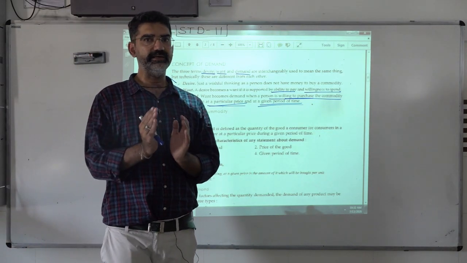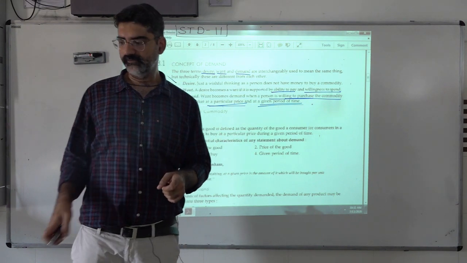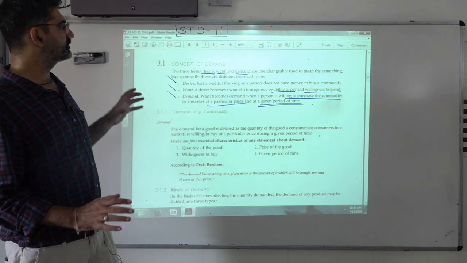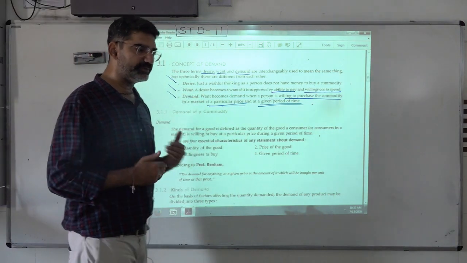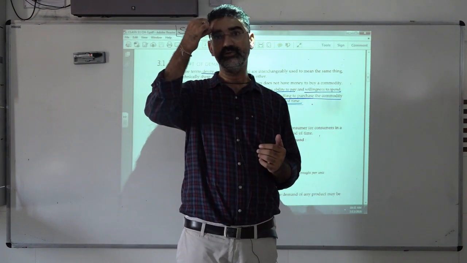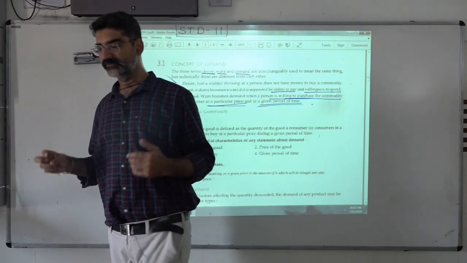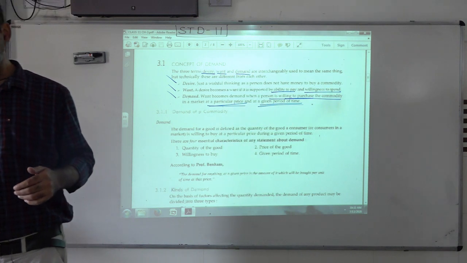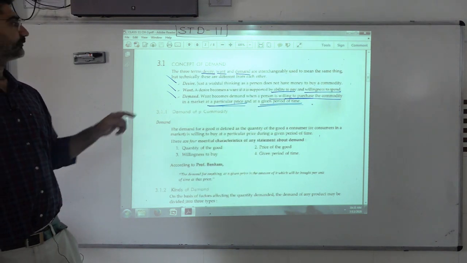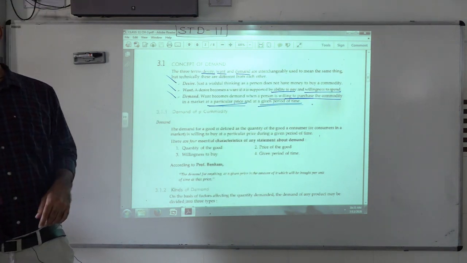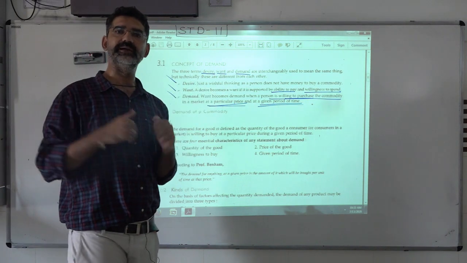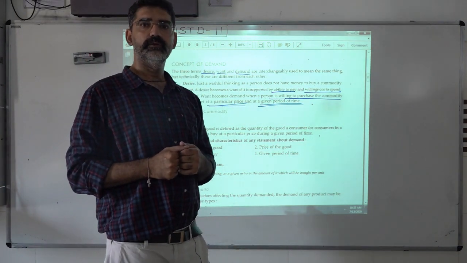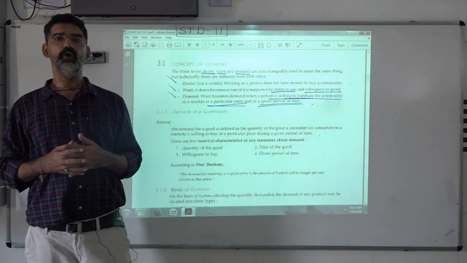Okay, so you saw that technically there is a difference among the three. From one viewpoint, you can see that all these three terms are interchangeably used, but technically the three words have a big difference. Once again, what is desire? It is just a wishful thinking, but not supported by money. Number 2, want.